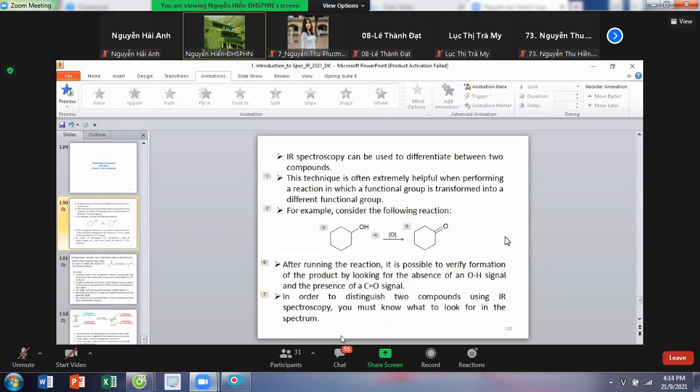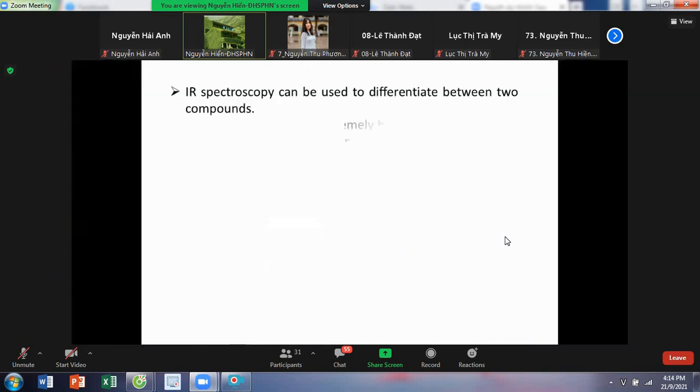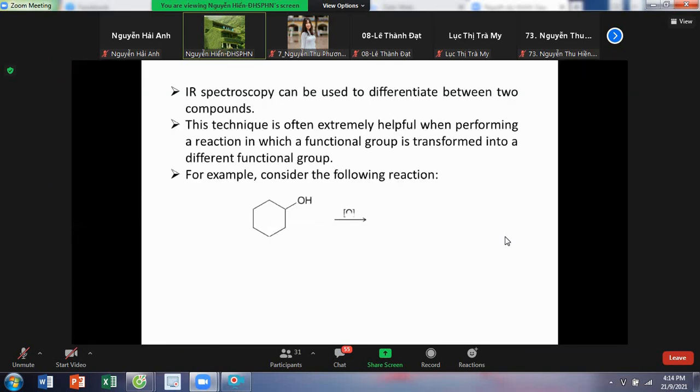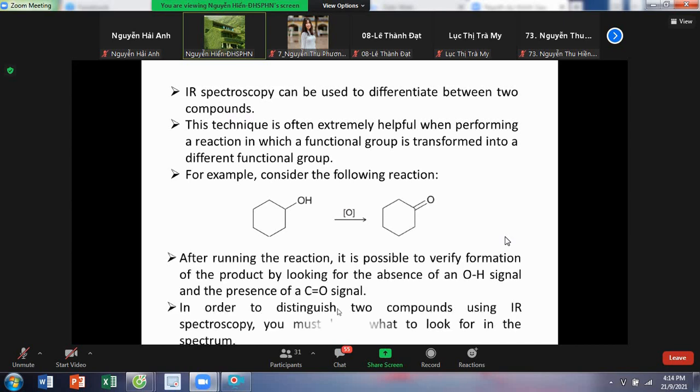You have two different functional groups, OH and carbonyl, and they have different signals in the infrared spectrum, so you can use infrared spectrum to check if the reaction has happened or not.